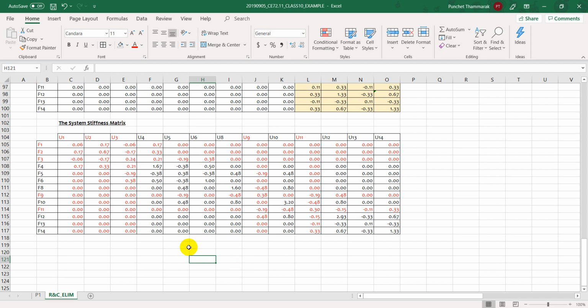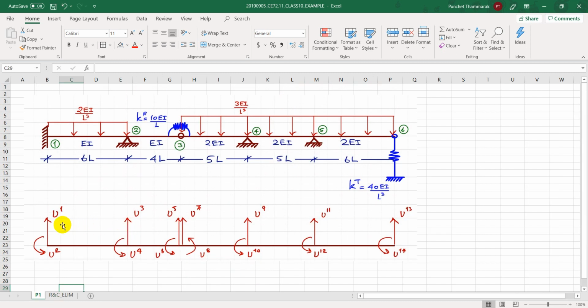The red will be all gone. So 1, 2, 3, 9, 11 are all gone.